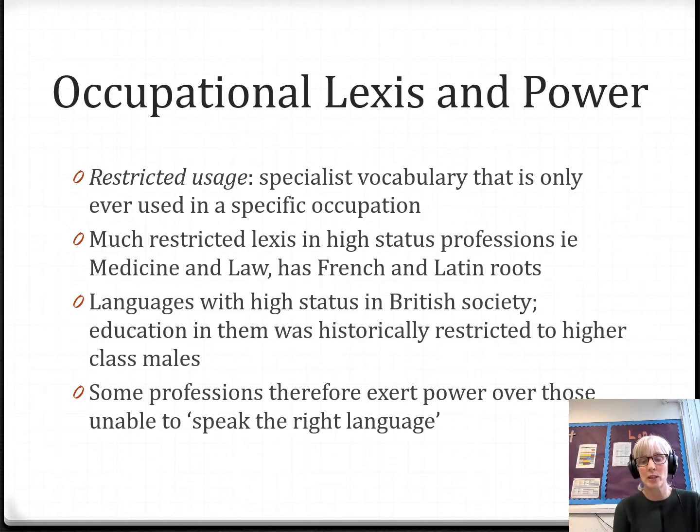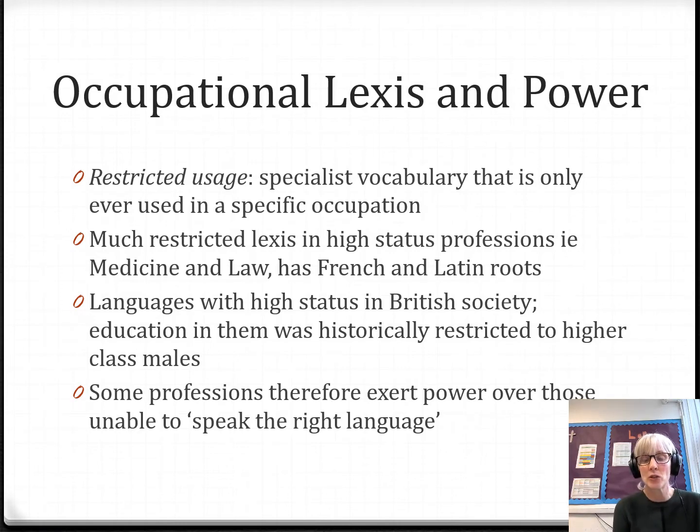Much restricted lexis, which is what we call this, in high status professions, for example, medicine or the law, has French and Latin roots. Both French and Latin are languages with high status in British society. Education in them was historically restricted to higher class males. So this language already has a sort of prestige and status.